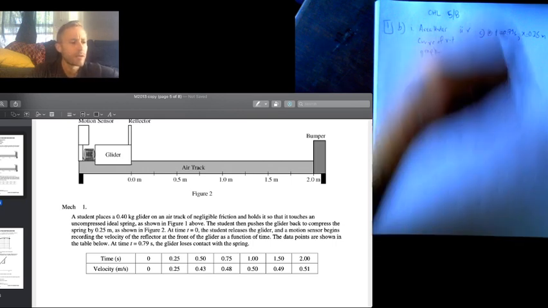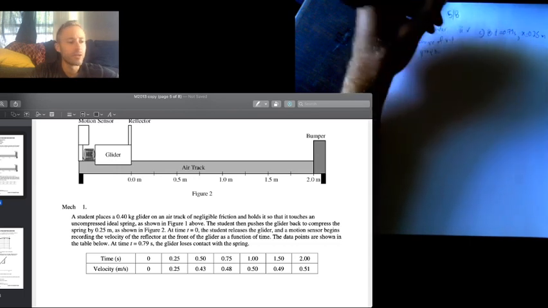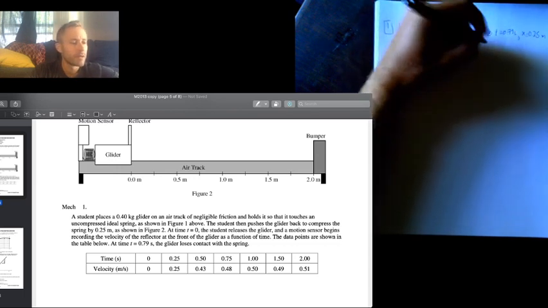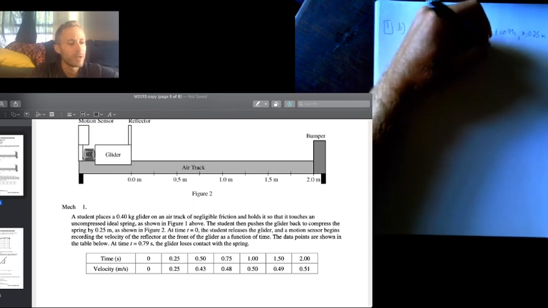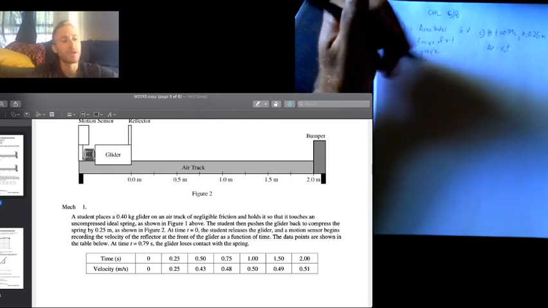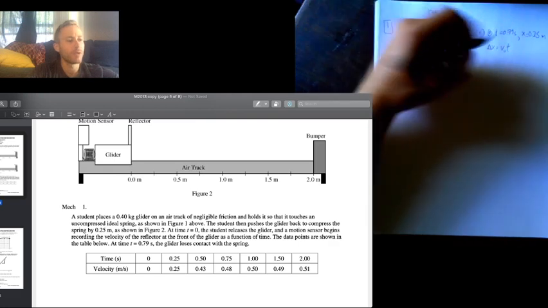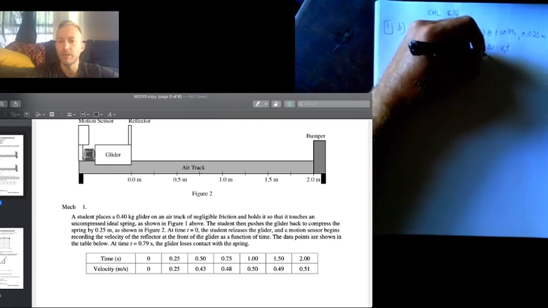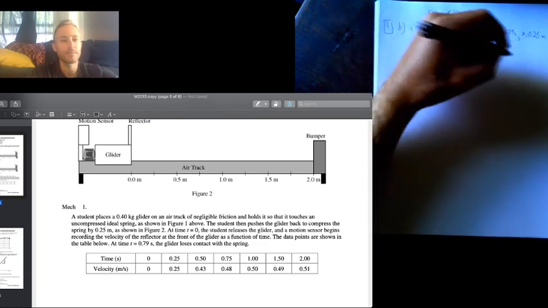So basically we're going to have delta x equals v naught t, because there's no acceleration after that time. And we can see that at 0.25 meters, we would have an additional 1.75 meters to go in order to hit the bumper, because the whole track is 2 meters long.